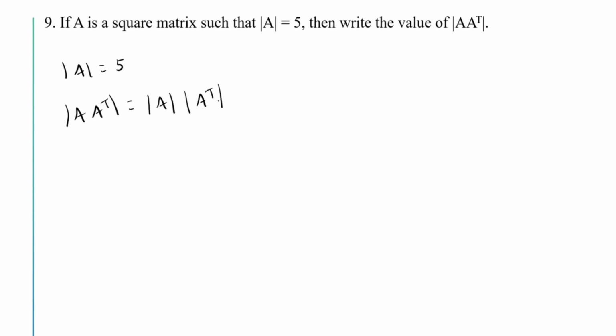So when we interchange the rows and columns of a determinant, the value of the determinant remains unchanged. So determinant of A transpose will also be equal to determinant of A, as we have seen from the first property. So this is equal to 5 into 5, which is equal to 25.